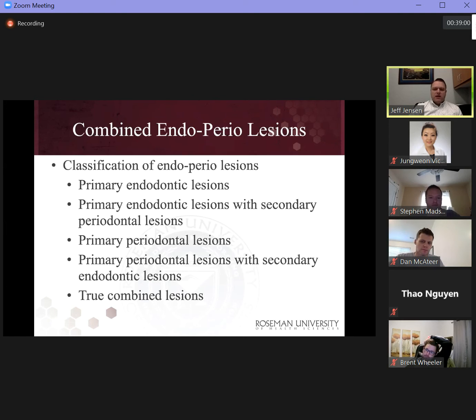You have a primary endodontic lesion with a secondary periodontal lesion, and we'll talk about that. Your primary periodontal lesion, so we see attachment loss and bone loss around the tooth. And then you have that primary periodontal lesion with secondary endo, and then a true combined lesion. So we'll take a few minutes here and work through these.